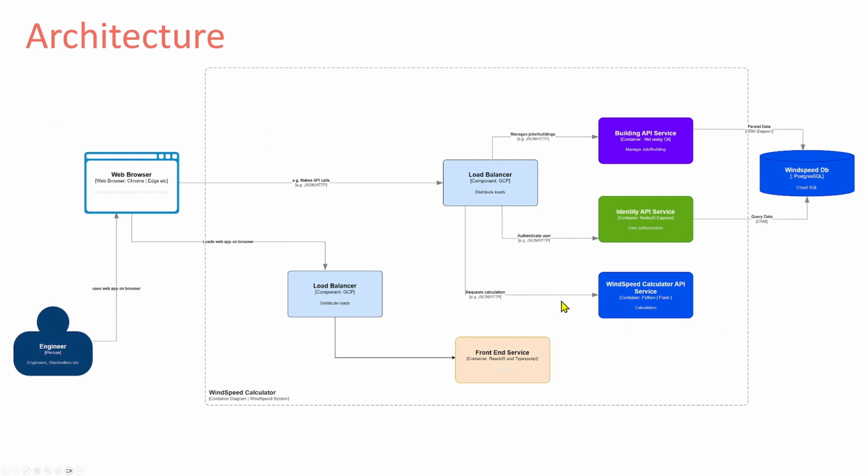Now, to understand how the WindSpeed Calculator works, this is a C4 diagram. It's a combination of the component and the container diagram that gives us an insight into how the application works.